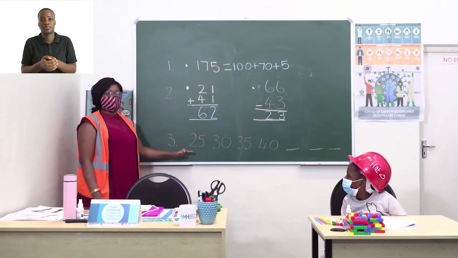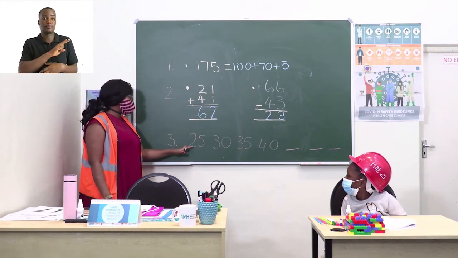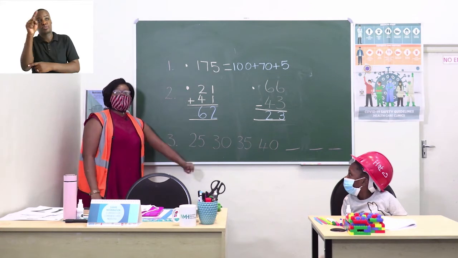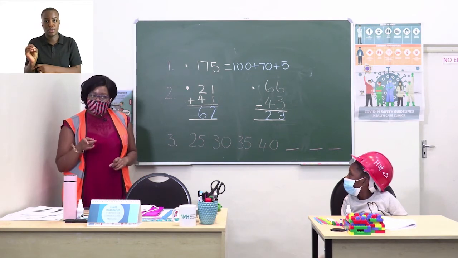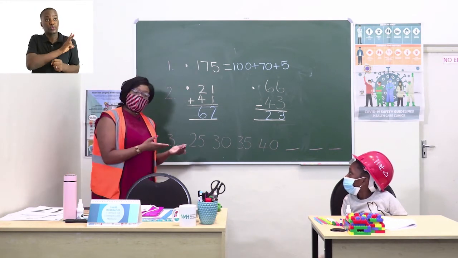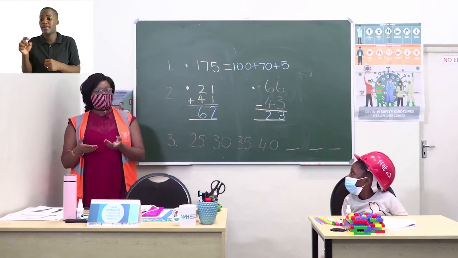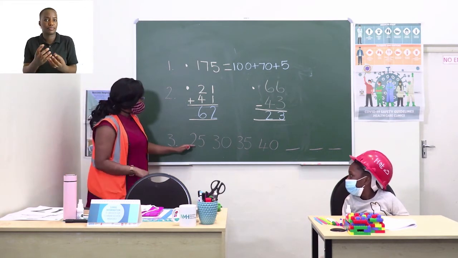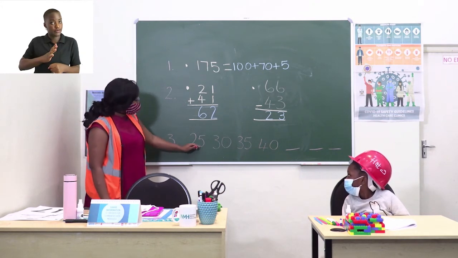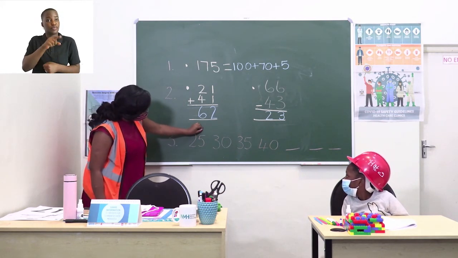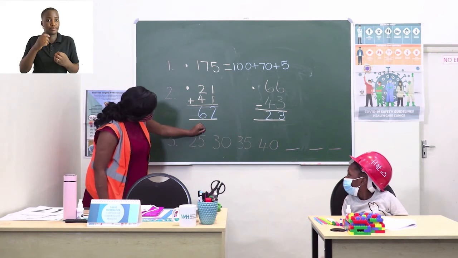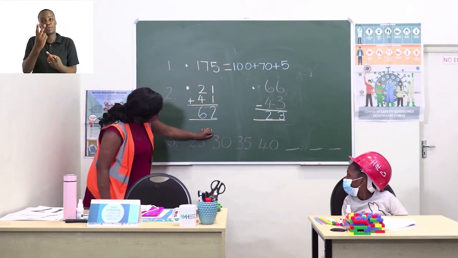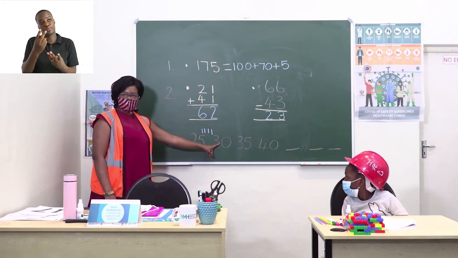We are going to do the one that we start with. Here we have 25 and then we have 30. So we need to find out how many numbers are missing between 25 and 30 by counting. We are going to say 25, then we're going to make sticks, 26, 27, 28, 29, 30.